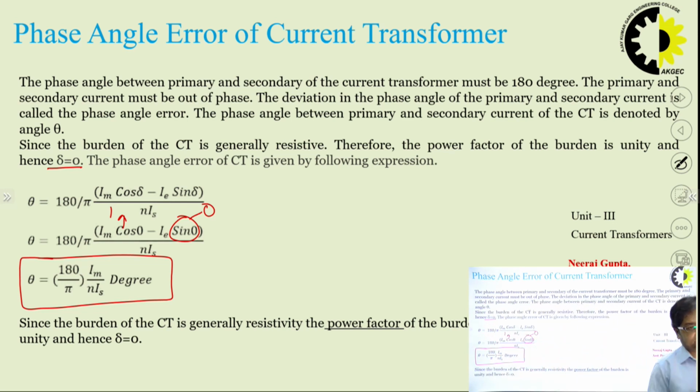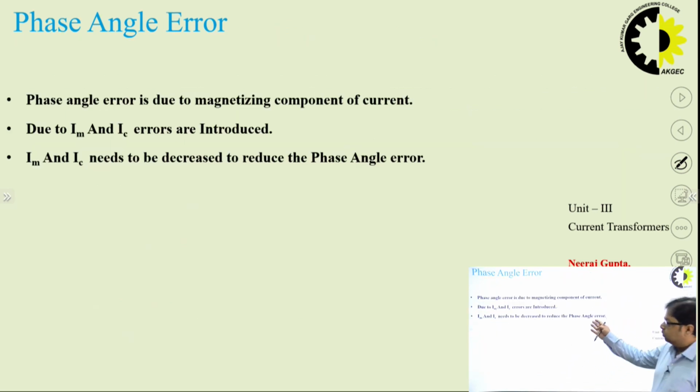Those two factors are responsible for introducing these errors in current transformers. Im and IE need to be decreased to reduce the phase angle errors, which is what I have already told you about.